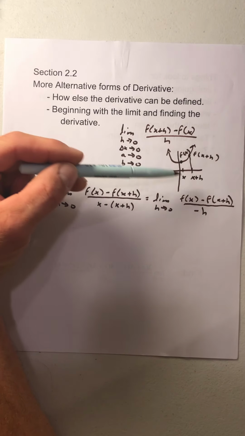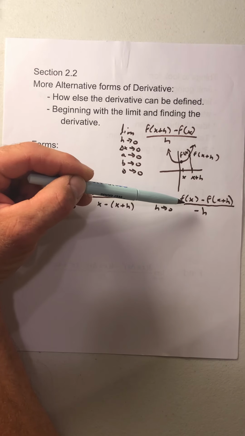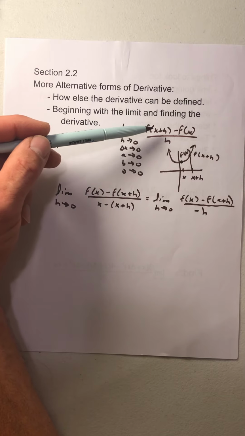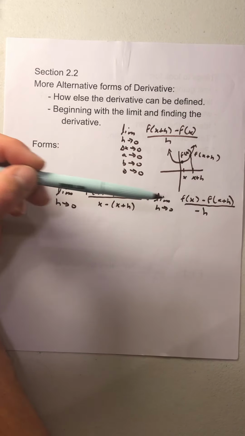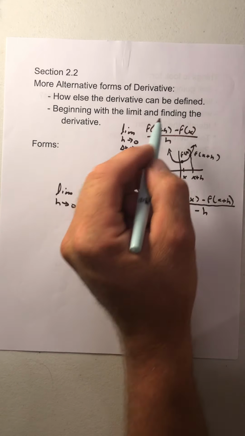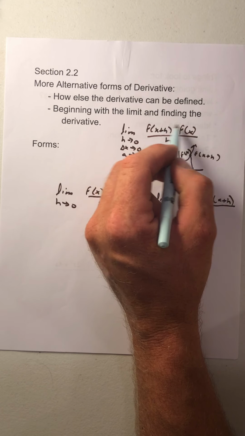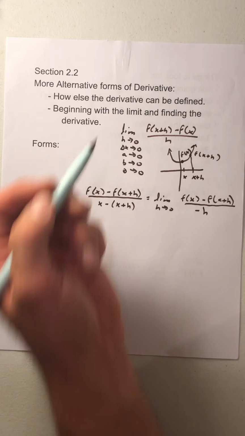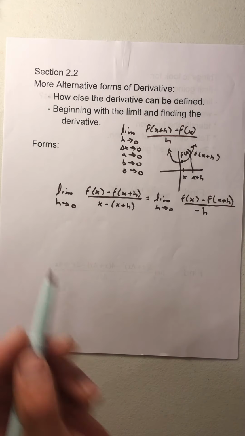So we should see that these two are identical. They're going to give us the same value when we take the limit as h goes to 0. But notice here the numerator gets flipped and then the h becomes negative on the bottom. That should hopefully be intuitive, since if we factor a negative out of the top here, that negative could slide down to the bottom with our fraction rules. So that could be another form that we could see it.